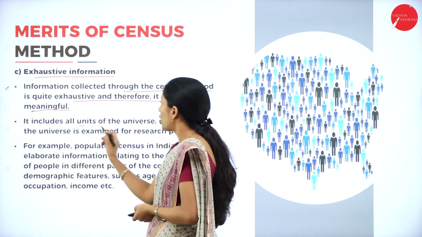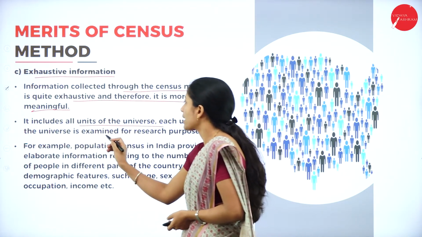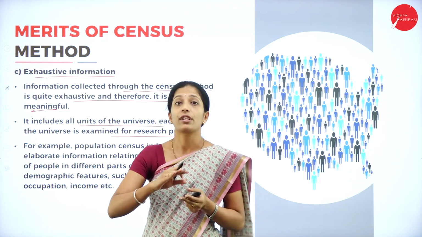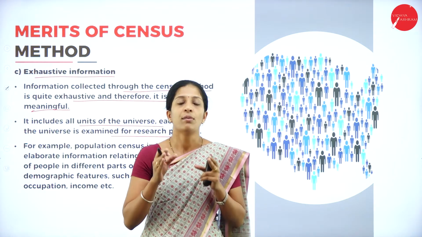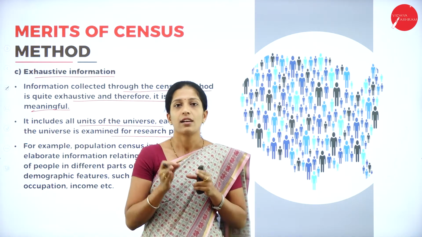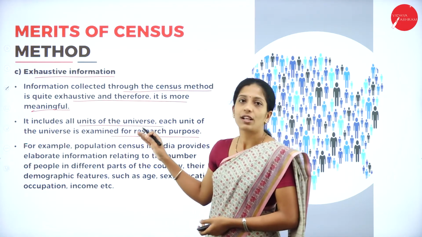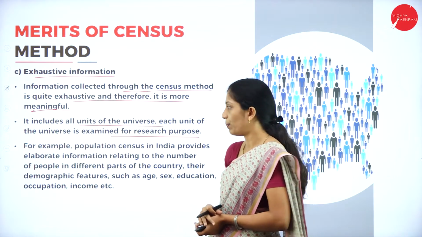It includes all units of the universe. Each unit of the universe is examined for research purposes. They are going to collect the information from a large universe, and at the same time they will get a huge number of opinions, because they individually examine each and every respondent from that huge population.